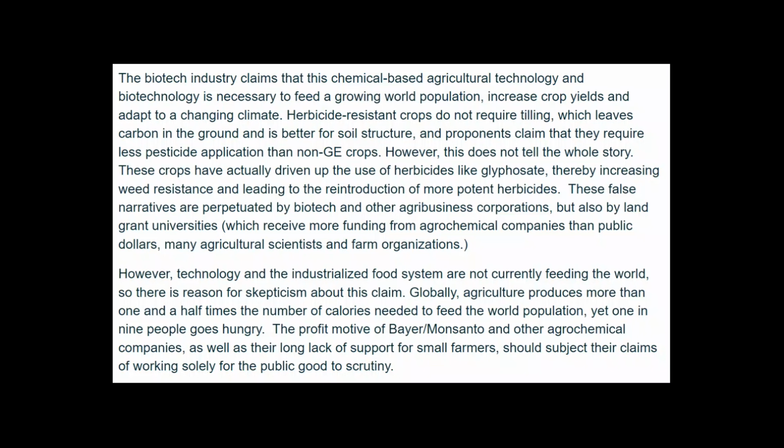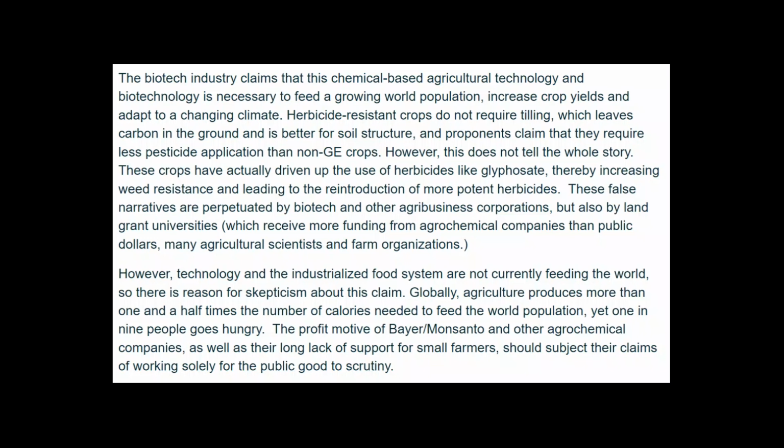But technology and industrialized food systems are not currently feeding the world, so there is skepticism about the claims. Globally, agriculture produces more than one and a half times the number of calories needed to feed the world population. Yet 1 in 9 people go hungry.